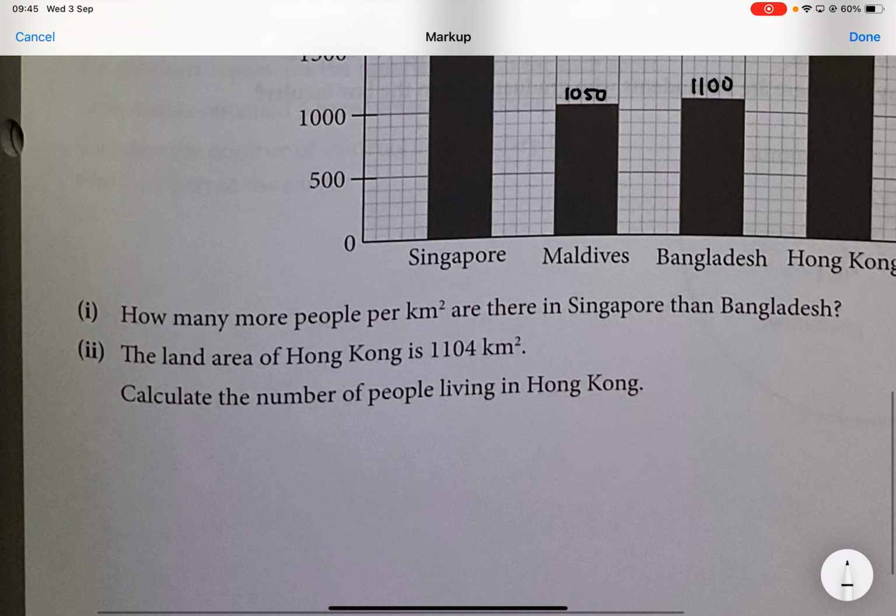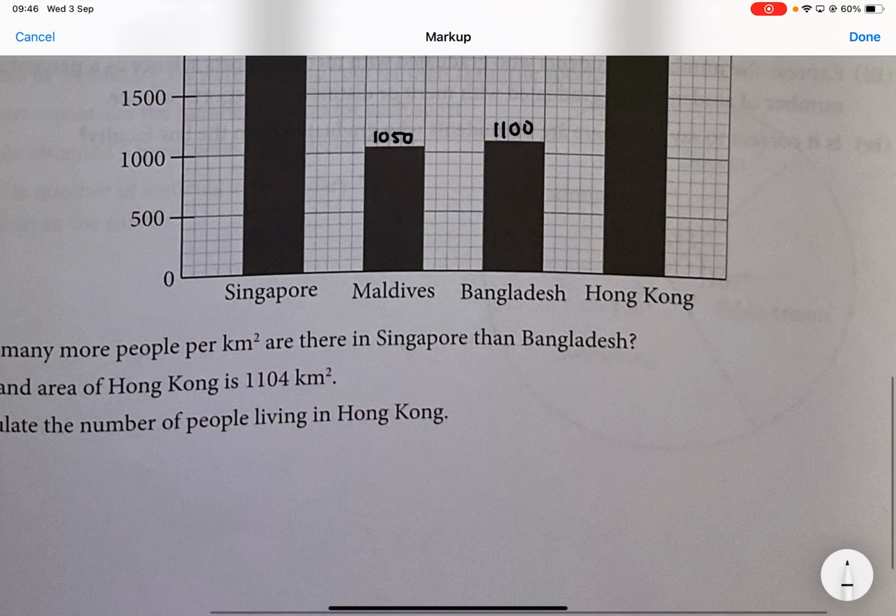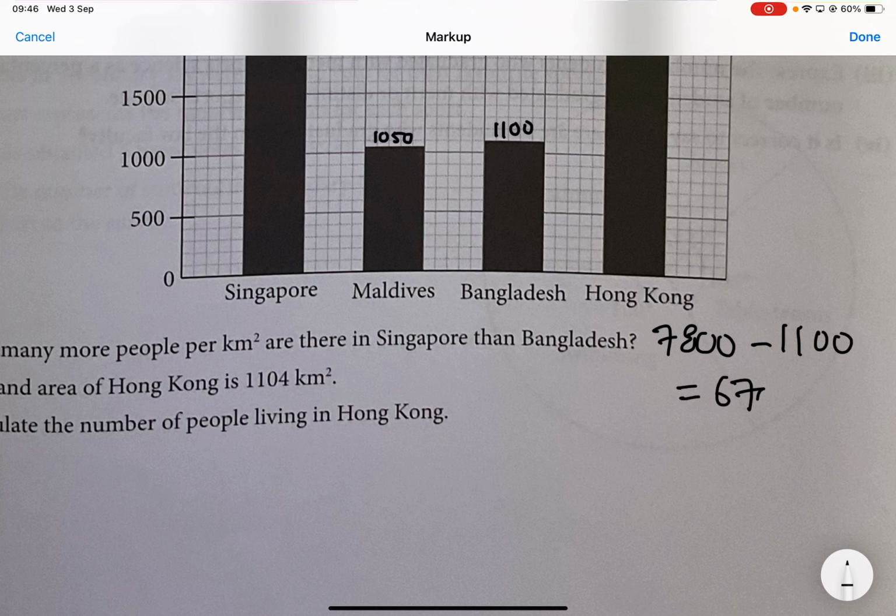Okay, then when they come to how many more people, then we have to start comparing the numbers. Then we have to take the Singapore one minus the Bangladesh one. Singapore one is 7,800. Bangladesh one is 1,100. People per kilometer square.